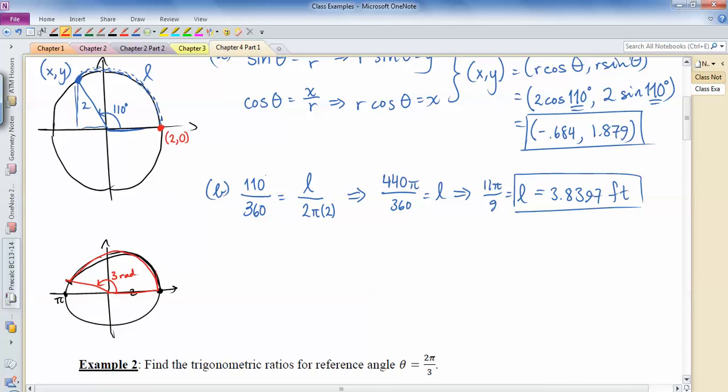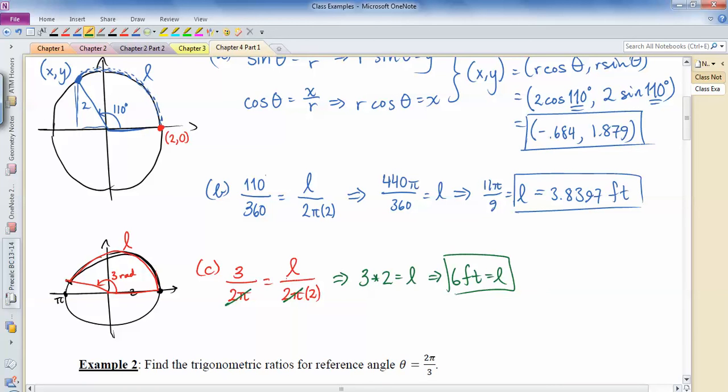So if I set up a proportion like I did in B, I've got 3 radians out of a total of 2 pi radians in the circle. And that's going to be my arc length, which I'll call L again, over the full arc length of the circle, which is the circumference, 2 pi r. Before I work anything out, I'm dividing by 2 pi in both cases, so if I multiply both sides by 2 pi, those go away. And then when I cross multiply, 3 times 2 equals L times 1. So 3 times 2 equals L. So 6 feet is my arc length.